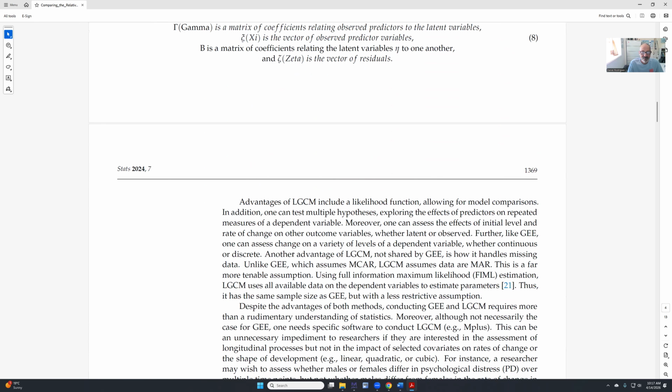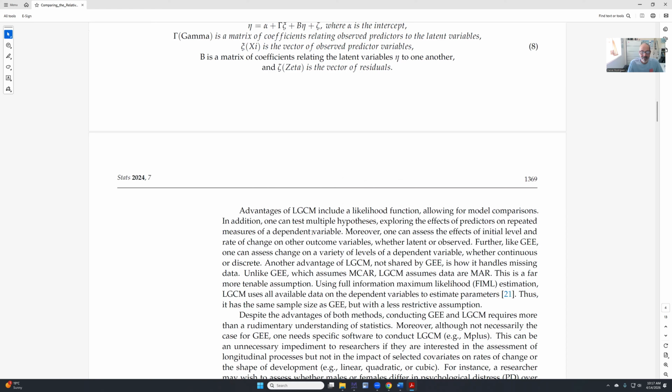Some advantages of latent growth curve modeling include a likelihood function, so it allows for model comparison. In addition, one can test multiple hypotheses, exploring the effects of predictors on repeated measures of the dependent variable. You can even have predictors that are affecting the observed variables, crossing over the latent variables. You can do anything. Such a beautiful type of data analysis.